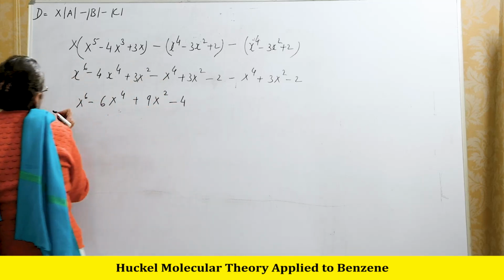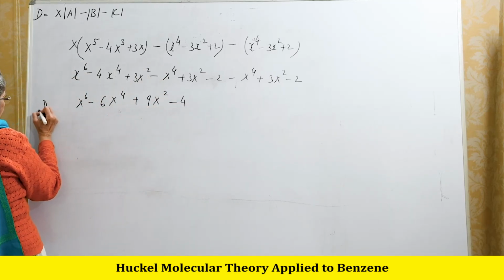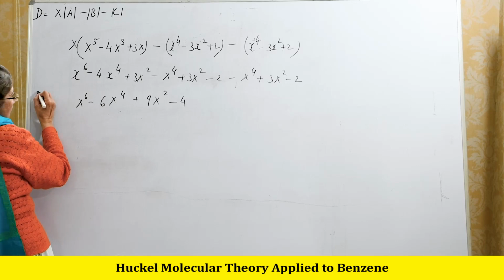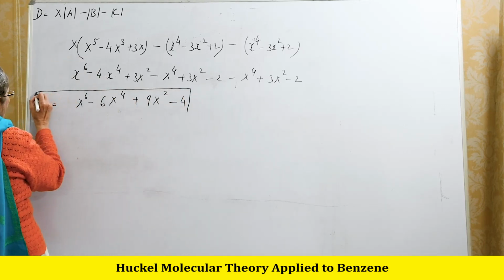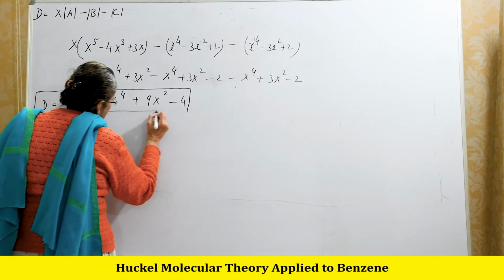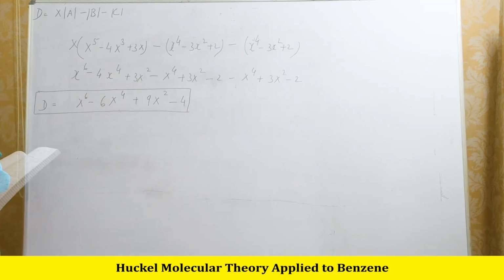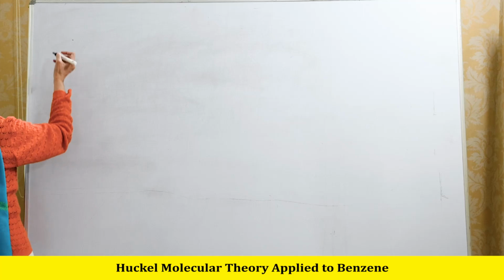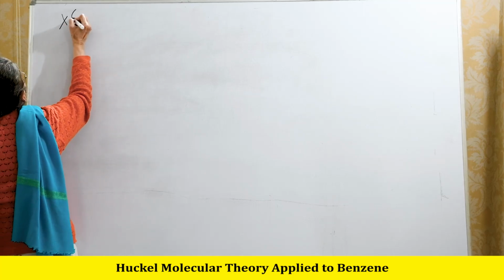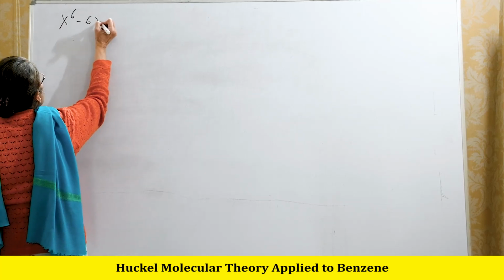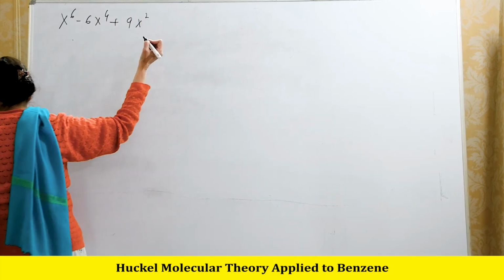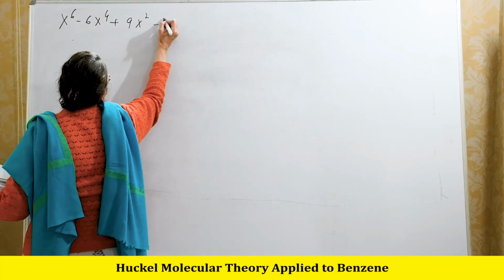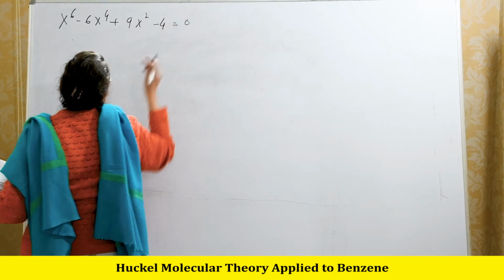So this is the determinant which we have solved, and we get this polynomial equation. So we get the polynomial equation x6 minus 6x4 plus 9x square minus 4 is equal to 0.